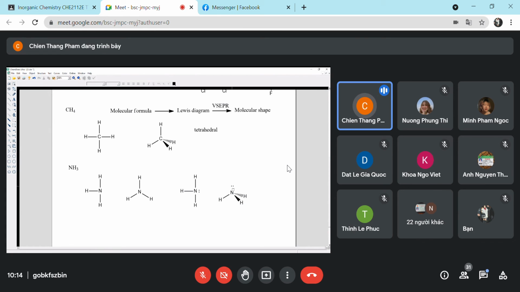So what is the molecular shape? Trigonal pyramidal. This one is trigonal pyramidal, not tetrahedral anymore.